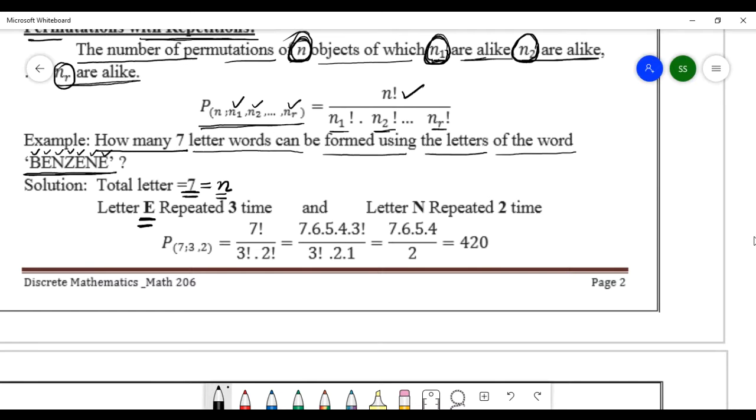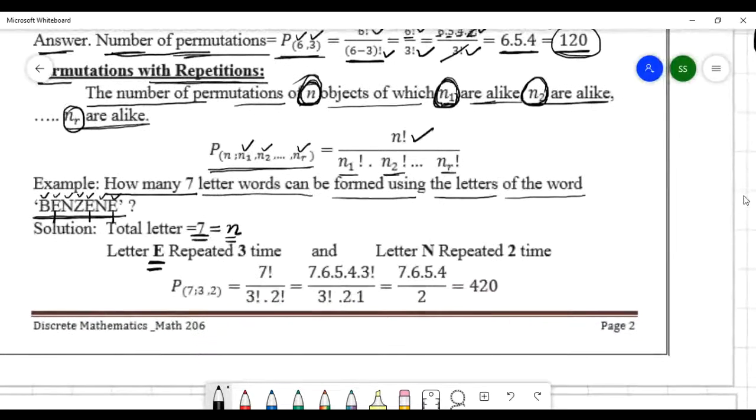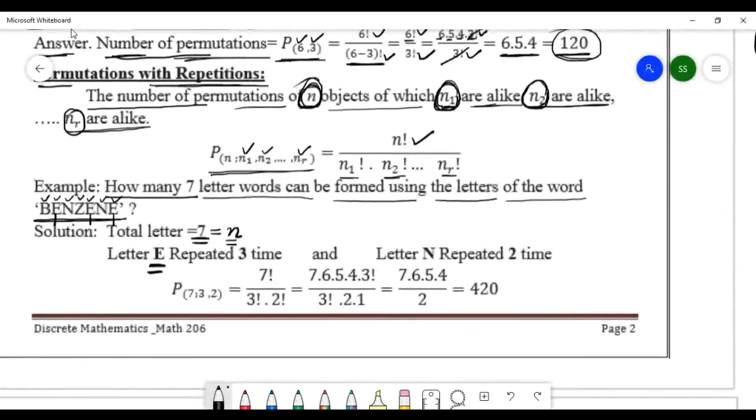So e is repeated 3 times. And then see n: 1 and 2, n is 2 times.